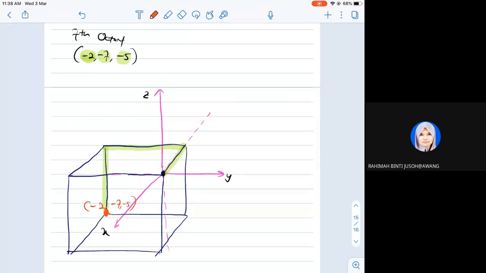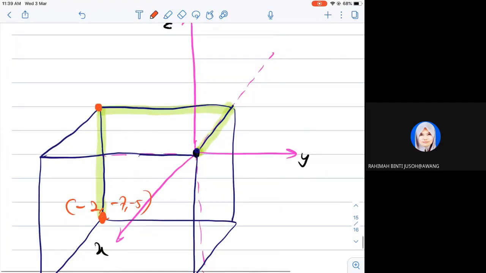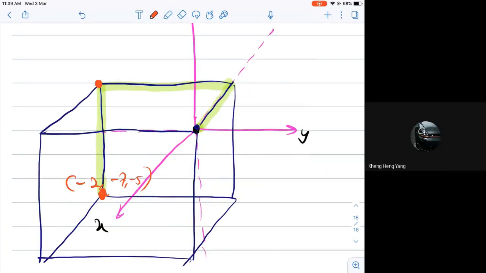Can you give me the coordinate for this point? Apa koordinat yang ni? -2, -7, 0. Yes, very good. Well done. -2, -7, 0.